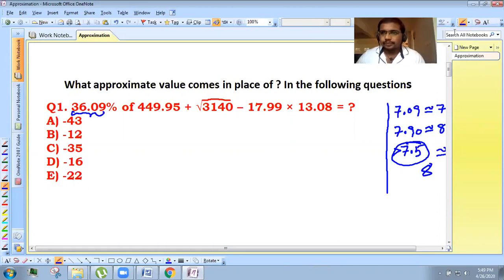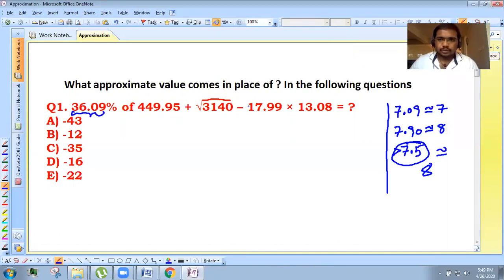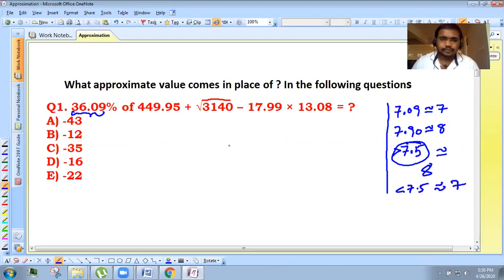How to solve this question? I told you if it is more than 7.5, then it is 8. If it is less than 7.5, then you have to treat it as 7 only. So here this is 36 percentage of 450.